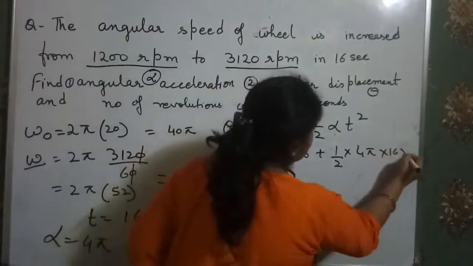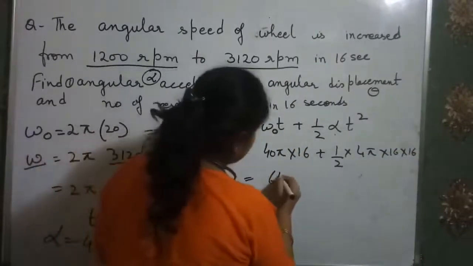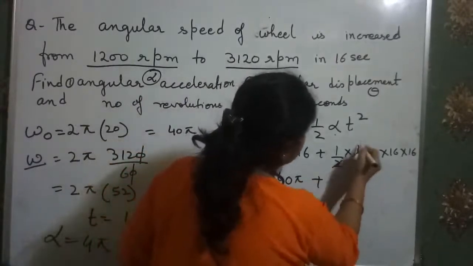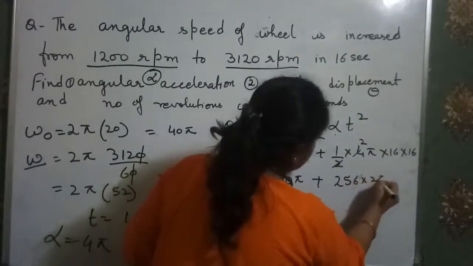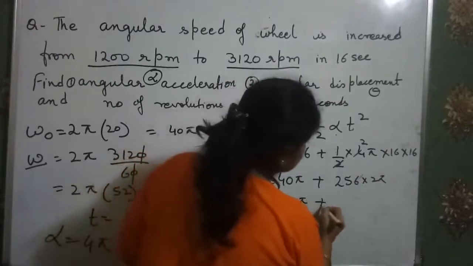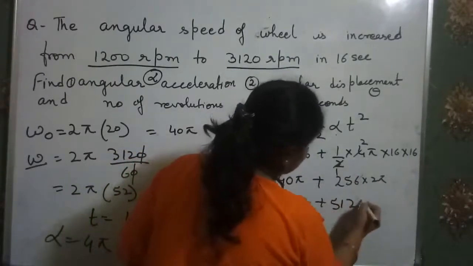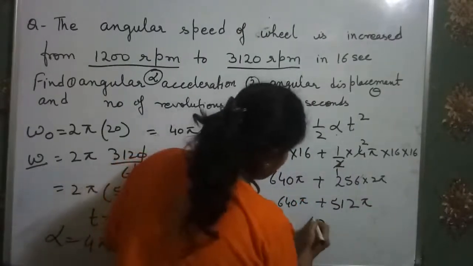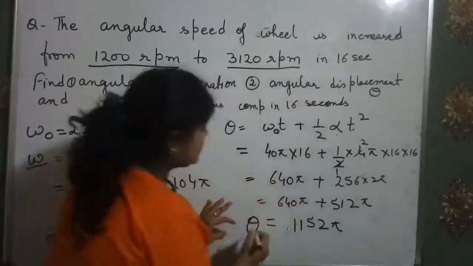Now solve it. 16 4s are 64, and here 2 2s are 4, 16 into 16 is 256, into 2 pi, so we have 640 pi plus 2 6s are 12, 2 5s are 10, 11, 2 2s are 4, 5, 512 pi. So we have 1152 pi. This is the angular displacement.